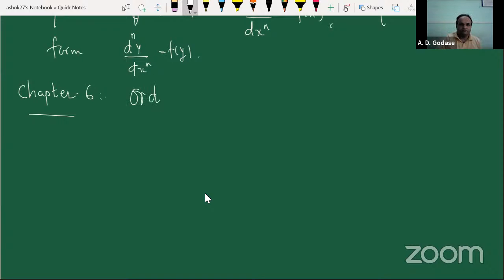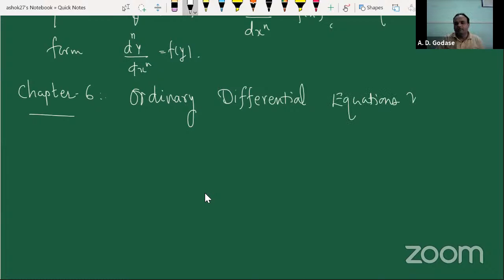In chapters number 1 to 5, we have seen ordinary differential equations of a single variable.